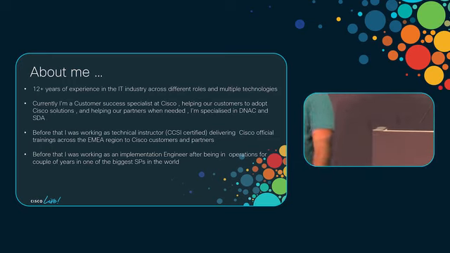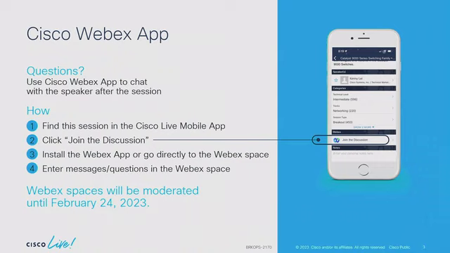Okay? So for the questions, I always like my sessions, as I said, to be a two-way communication. Unfortunately, because of the number, which is really good, we will not be able to take a question from each and every one, or I will not have a single minute to present anything. But that doesn't mean that I will not take questions. We will take questions through the WebEx space. I will try to leave like 5 minutes at the end to take questions as well.